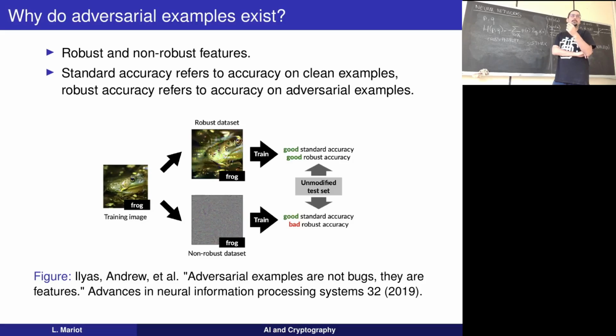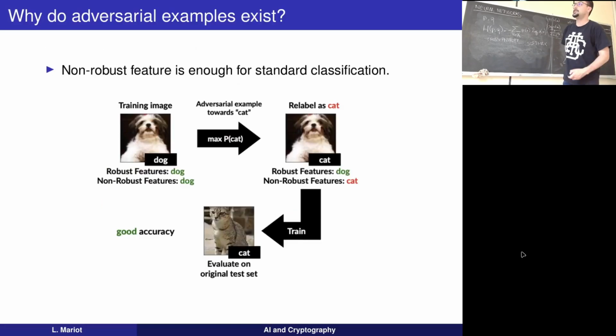But at that point, a human could also say, okay, this noise is enough for me to understand that something has gone wrong here. Someone tried to tamper with the image and craft an adversarial example. So this is for robust and non-robust accuracy.